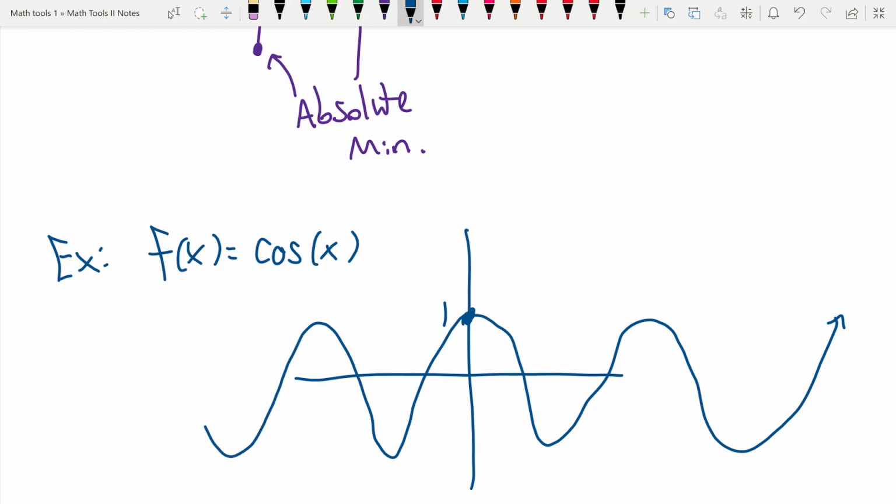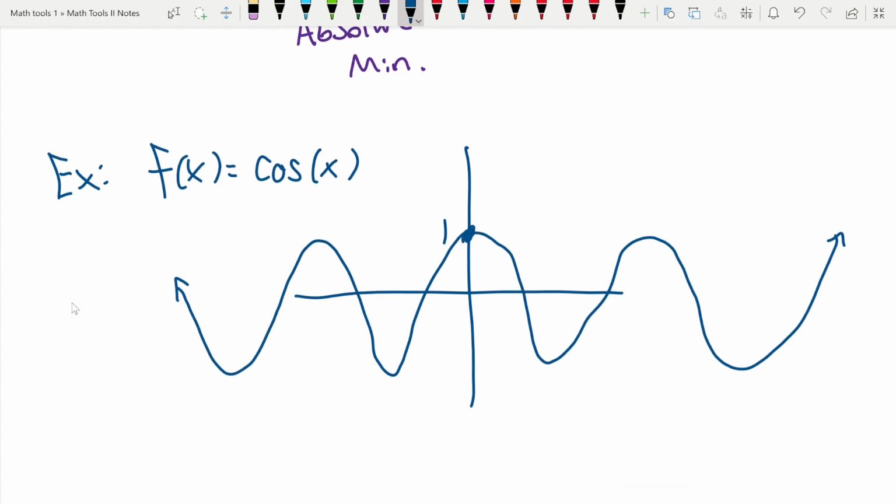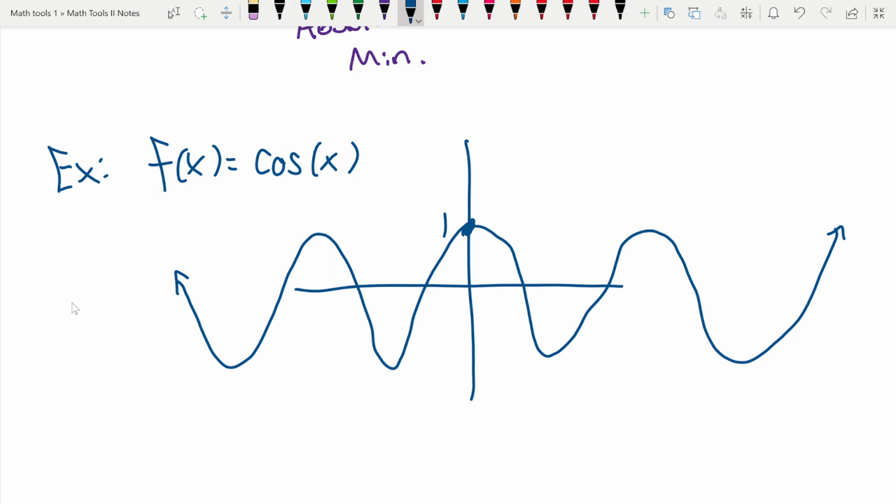When I say that you can only have one absolute max or min, I'm specifically talking about the y values. We usually define the absolute max and min at the x value. So looking at it from the point of view of the x values, you can have an infinite number of absolute max and mins. They'll just all be at the same y value. So we wouldn't write that there's only one absolute max or min here.